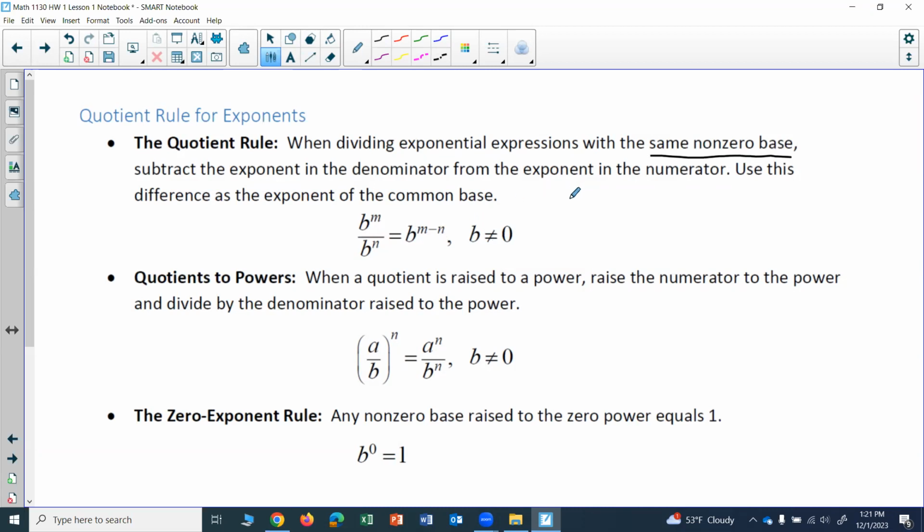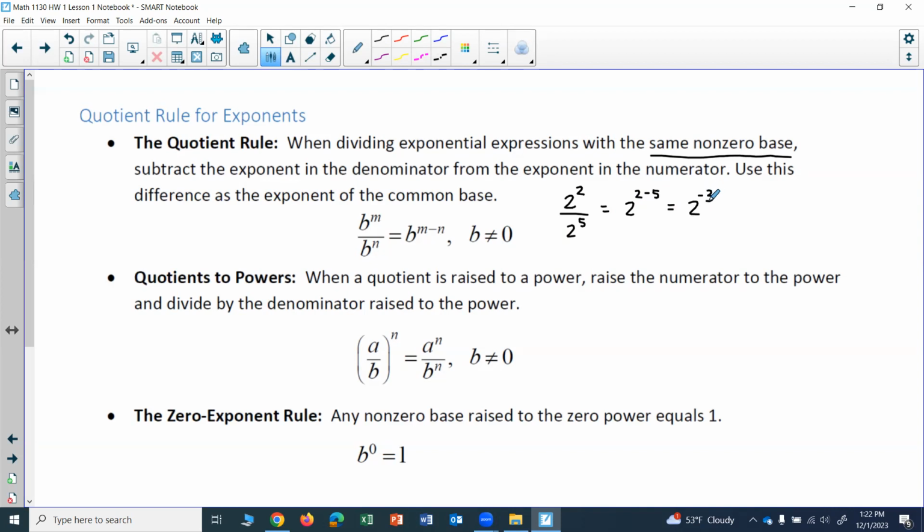So for example, let's say I had 2 squared over 2 to the 5th power. So using this rule, I would rewrite that as 2 to the 2 minus 5, which would give me 2 to the negative 3.